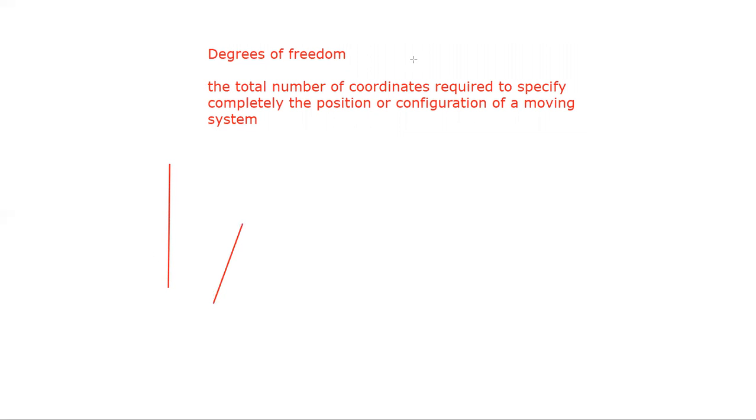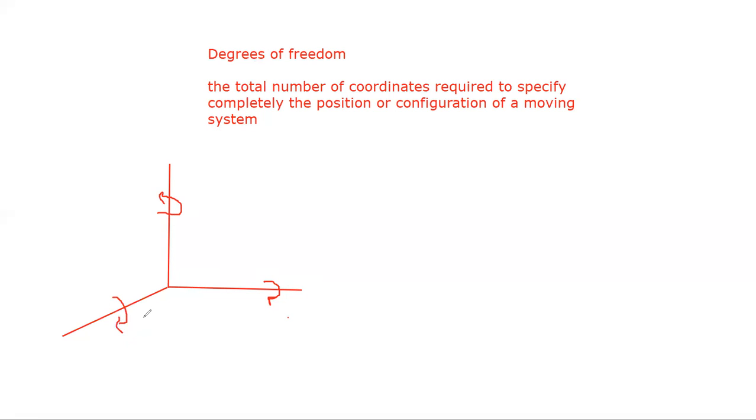and this is another axis and this is another axis. So if these are the three axes, then the body can rotate along this axis, the body can rotate along this axis, and the body can rotate along this axis.